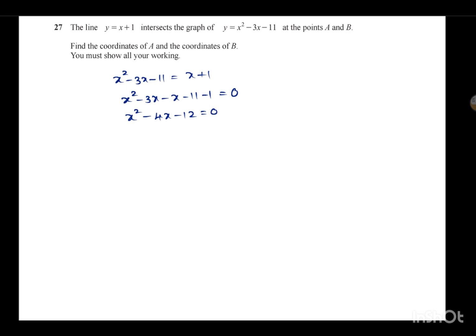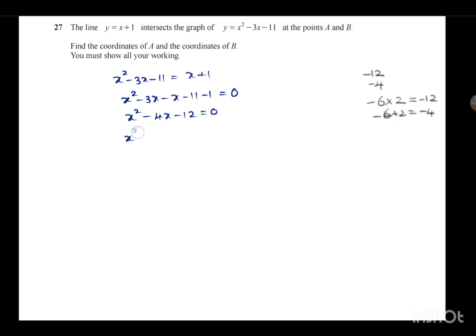Using factorization, again the product of two numbers should be minus 12 and the sum should be minus 4. So which are the two numbers you can take here? Minus 6 and 2. Yeah, minus 6 into 2 is minus 12, minus 6 plus 2 is minus 4.